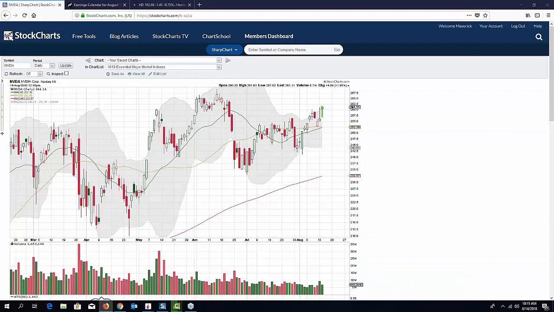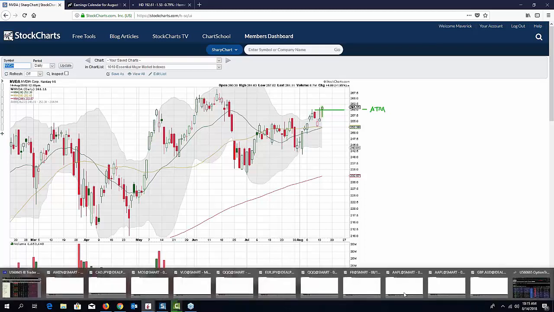So Nvidia is trading around 260-ish, 261, but I'm going to probably call the 260s the at-the-money strike. And that's what we need to find first, is where is at the money for the asset? Because as I look at the option chain, I need to find those at-the-money options.